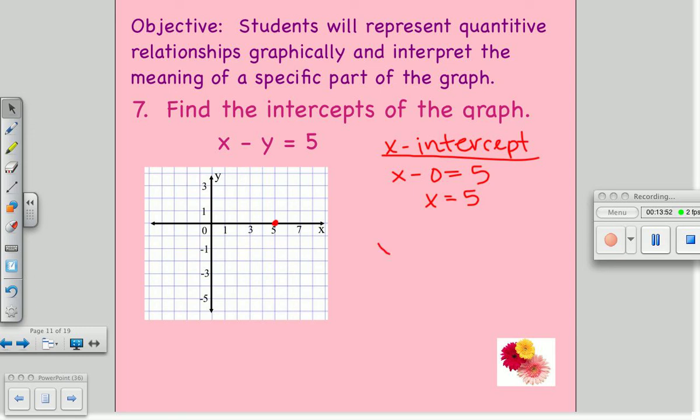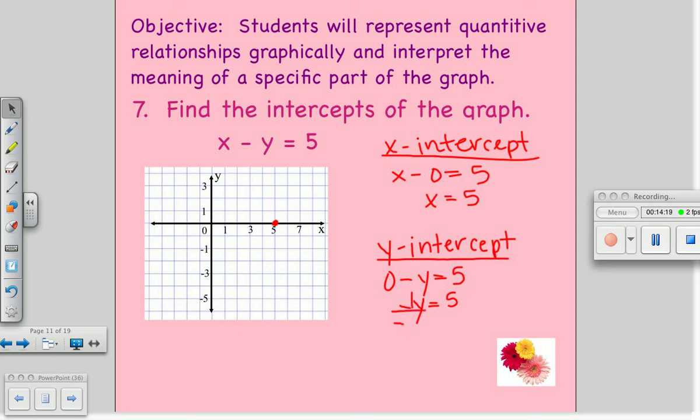On the y-intercept, we're going to make x 0. 0 minus y is 5. Now this is a little bit different. Okay, 0 minus y is going to get you negative y equals 5. You can't have negative y, because remember there's a coefficient here of 1, right?